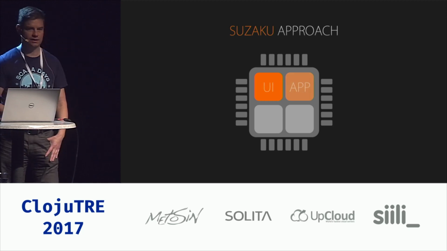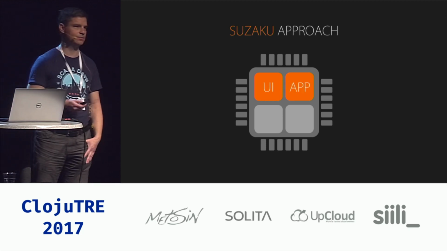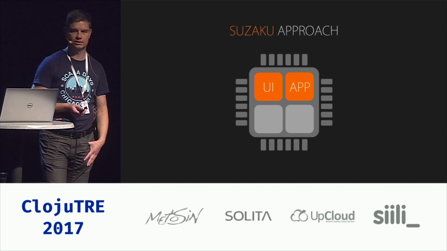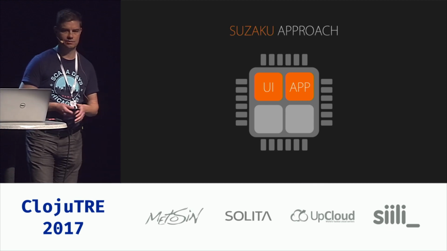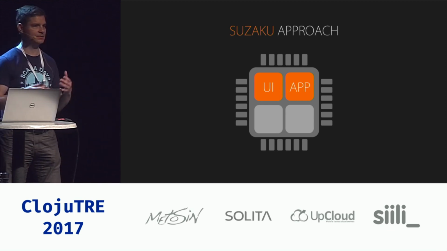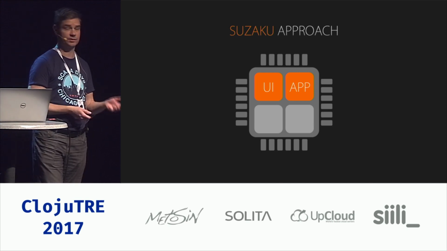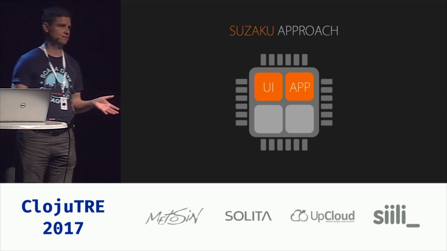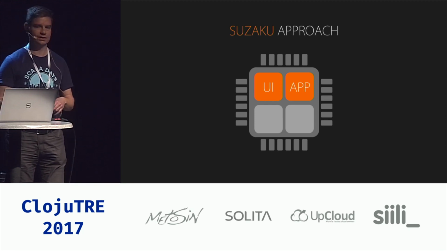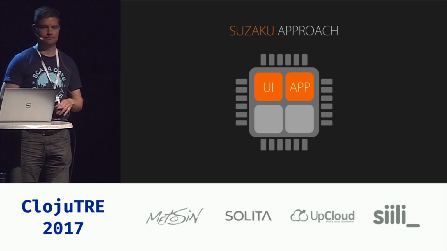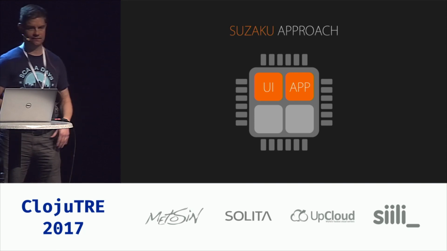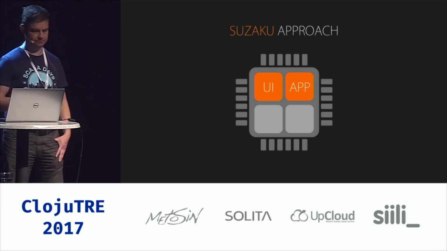In Suzaku, we are actually running the UI and the application in 2 different cores, which immediately gives the benefit that the UI is not limited by what's happening in the application code. So the UI keeps running at 60 frames per second, regardless of how complicated things you are doing in the application. There are also some other benefits to this separation, but let's go to those a bit later.